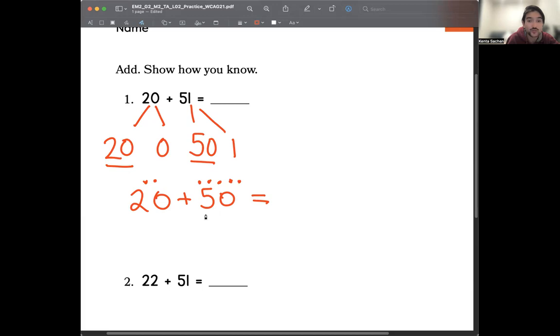Or maybe you know that 2 plus 5 is 7, so 20 plus 50 is 70. Great. Okay, you got that? We just added our 10 numbers first. Next, we're going to add our 1 numbers, so 0 and 1.